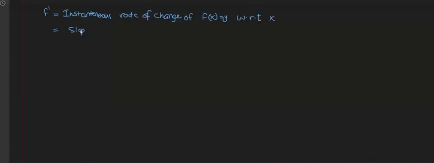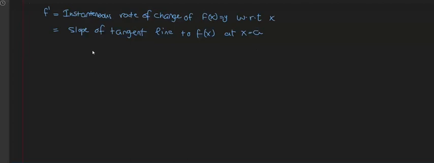So we know that the f dash by definition is the instantaneous rate of change of the f of x with respect to x. And geometrically, we said that at the same time it's equivalent to the slope of the tangent line to f of x at a certain instant of x, or at x equals a.